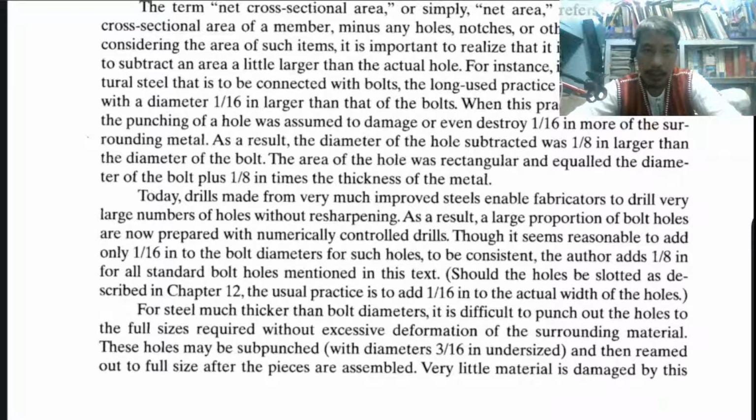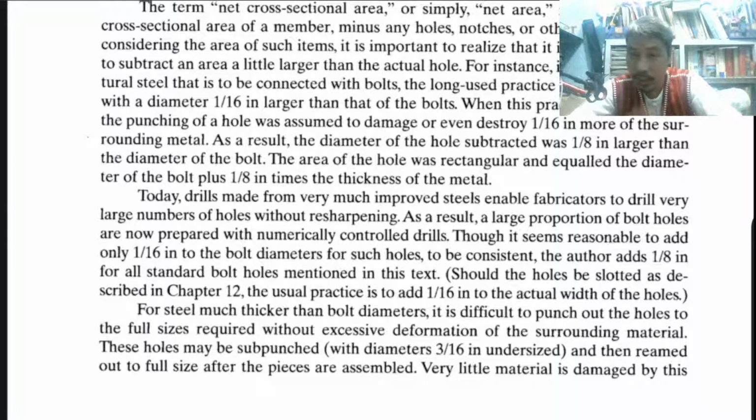In fabricating structural steel that is to be connected with bolts, the long used practice was to punch a hole with a diameter 1/16 inch larger. Take note of this. It is the long used practice because it is being practiced in actual, so we have to reflect this in our computation.